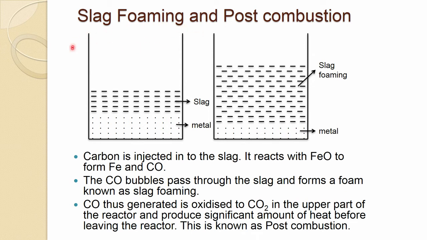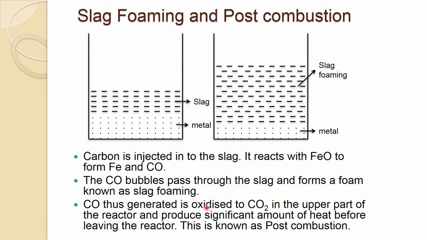Mostly it occurs in a single reactor, and one good example is also steel making, the basic oxygen furnace and like that, where post combustion and other things occur. So, this is the meaning of post combustion and slag foaming, and especially in smelting reduction processes, these are quite common in the smelter reactor. So, CO bubbles pass through the slag and form a foam known as slag foaming.